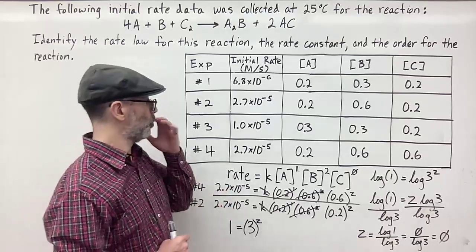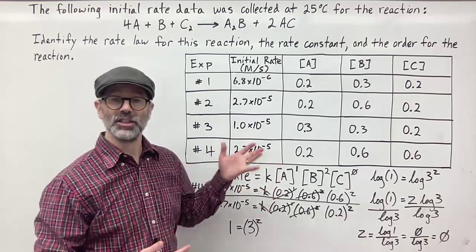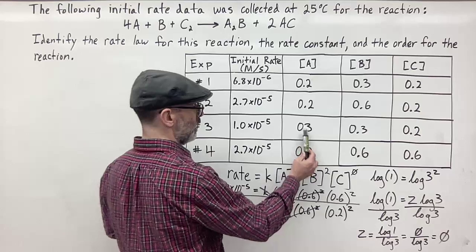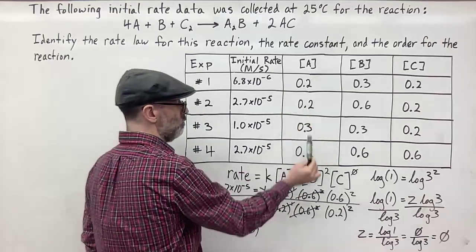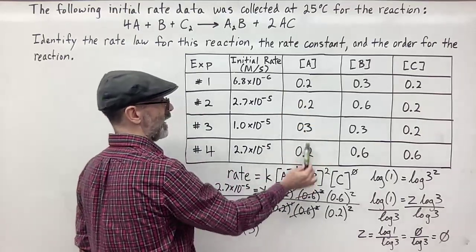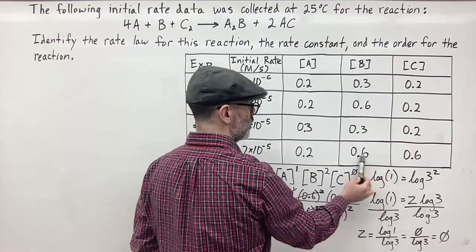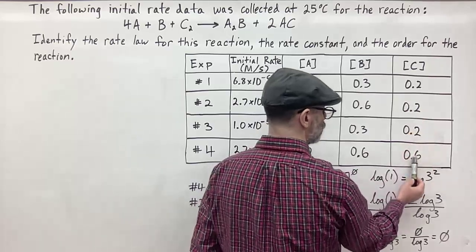And again, if we go to our table here, we could have gotten that just from the table, because you'll notice that between 2 and 4, we kept A the same. The concentration of A doesn't change. The concentration of B doesn't change. But the concentration of C changes by a factor of 3.